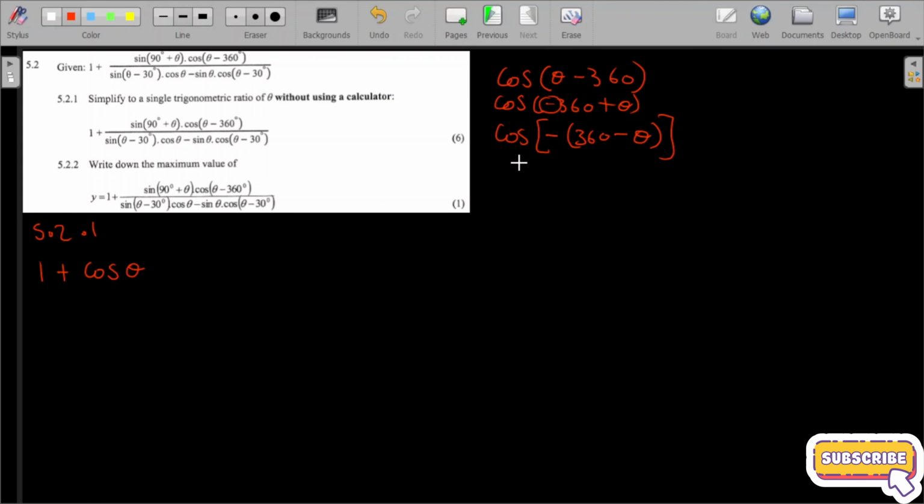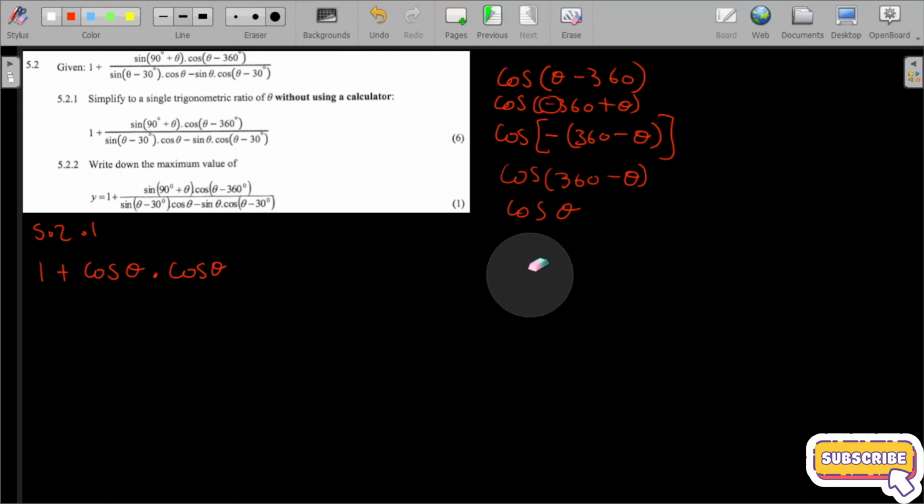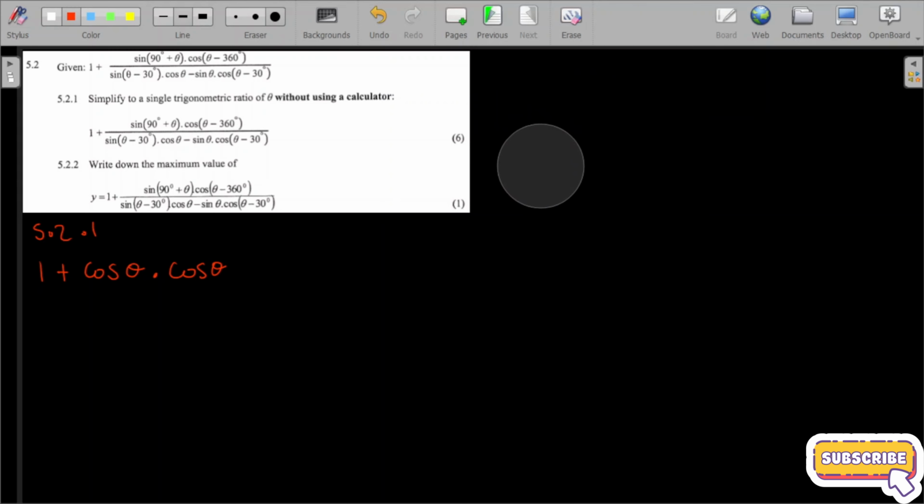Cos of a negative angle is just positive cos, which is cos of 360 minus theta. 360 minus is in the fourth quadrant, and cos is positive in the fourth quadrant, so we're going to have cos theta. I hope everyone understood what I did here. Now let's move along.